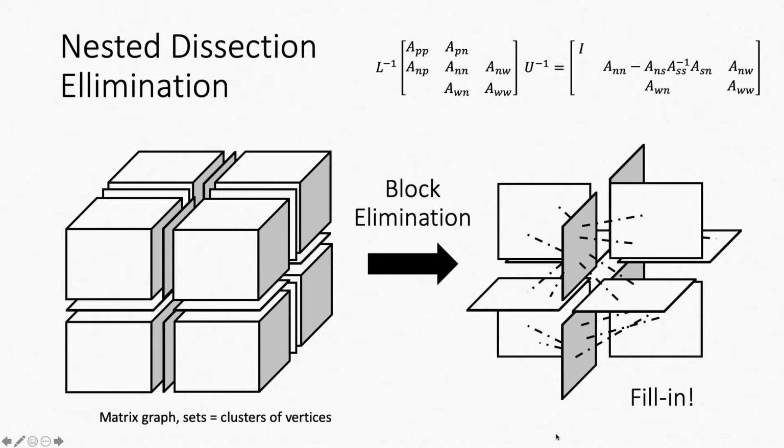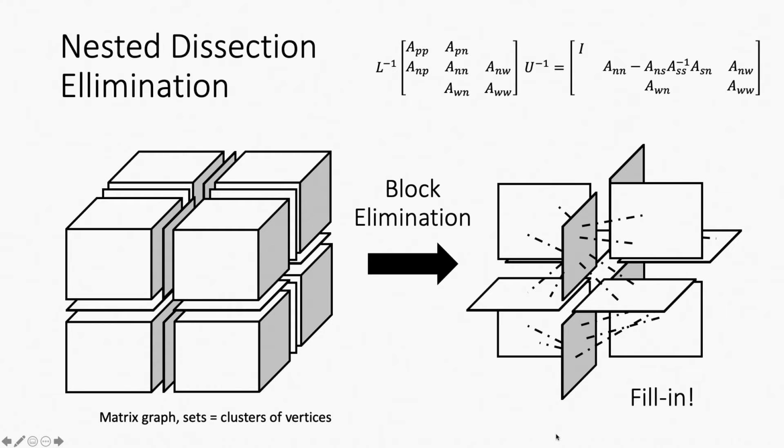Let's take a very simple problem first. I'm showing regular problems. It doesn't have to be, but that makes plotting and understanding a little easier. On the left is the matrix graph, but just a bunch of sets. So every set is a set of nodes in the graph, a bunch of rows or columns in the matrix. And you have a hierarchy of separators.